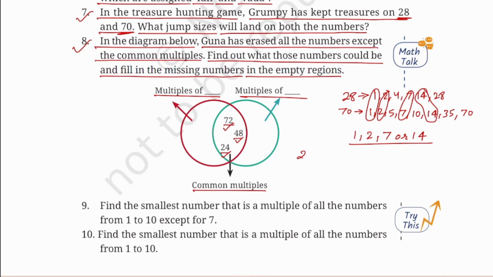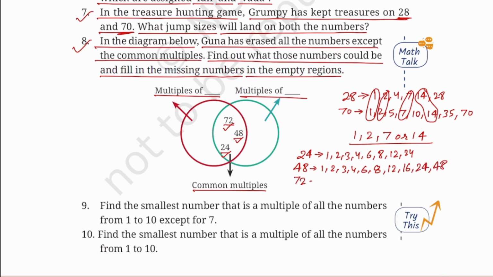For example, factors of 24 are 1, 2, 3, 4, 6, 8, 12, 24. Factors of 48: 1, 2, 3, 4, 6, 8, 12, 16, 24 and 48.